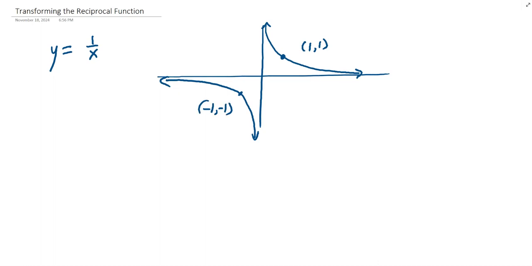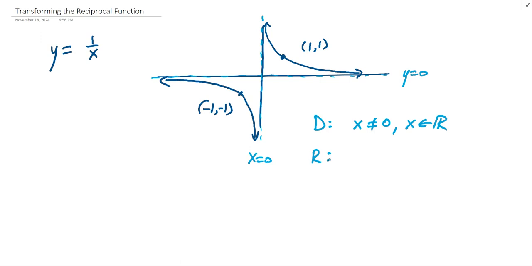We have some asymptotes here. We have a vertical asymptote at x equals 0. We have a horizontal asymptote at y equals 0. The domain is the set of all x such that x is not 0 and x is a real number.